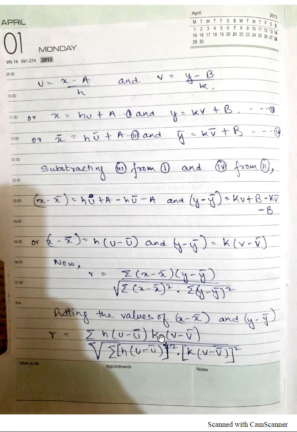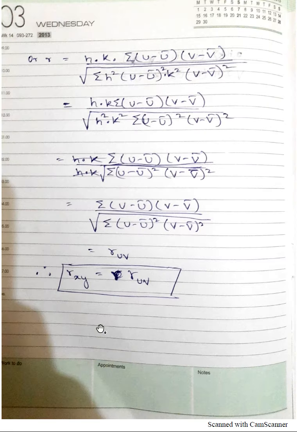So from here h and k are constant, so it comes out of the summation sign. So h into k into summation u minus u bar into v minus v bar divided by under root, again h is under root, summation h square into u minus u bar whole square into, again you will have a summation here, I forgot to write a summation, k square into v minus v bar whole square.